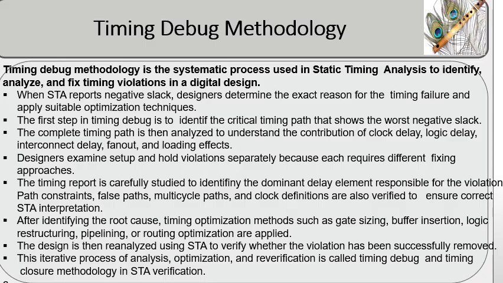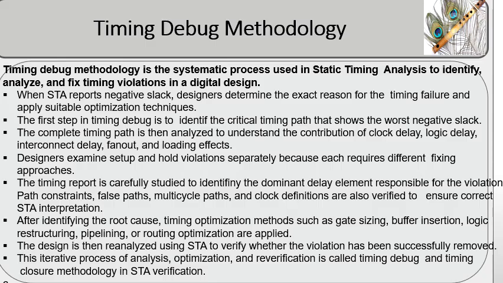Timing debug is the systematic process in static timing analysis to identify and fix violations. When STA reports negative slack, designers analyze the failure and apply suitable optimizations. The first step is to locate the critical path showing the worst negative slack. This path is studied for clock delay, logic delay, interconnect delay, fan-out, and loading effects.